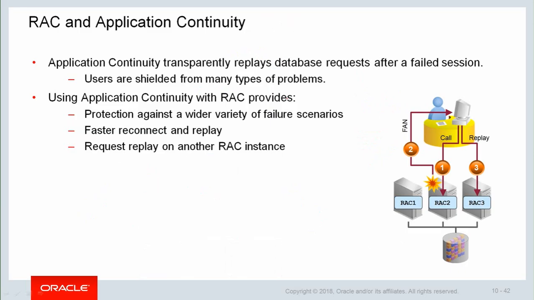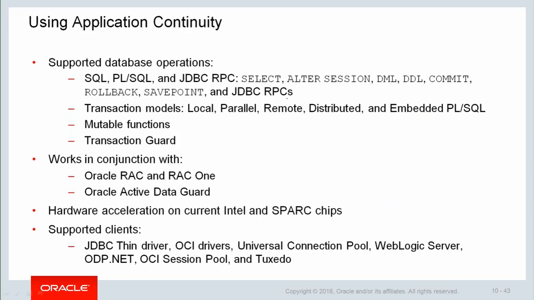Application continuity works perfectly in the RAC environment, and it also works in the Data Guard environment. If you have a connection to the primary database, and there is any problem with the primary database so that failover occurs, application continuity can also take care of the session failover and transaction failover, just like in a RAC environment.